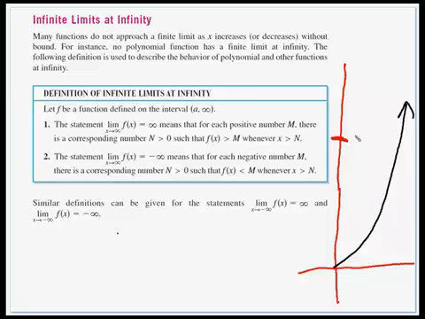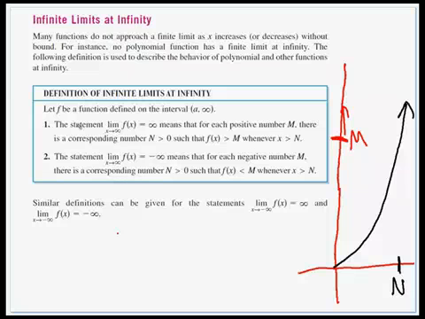You can pick any number and say that I want an output of this function that's greater than m. And no matter how high of an m value you pick on the y-axis, I can always come down to the x-axis and say, well, if you want an m value higher than that, I can give it to you. All you have to do is use an x value greater than this number, greater than n.